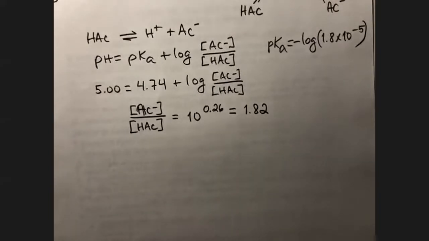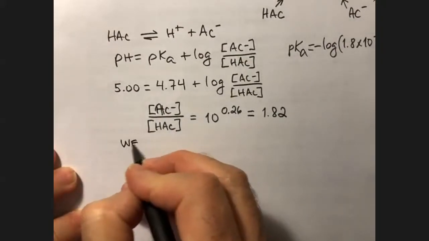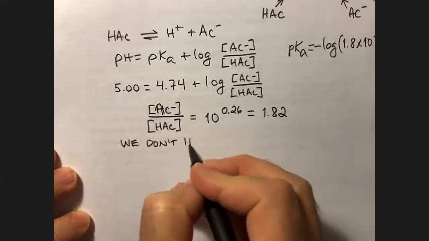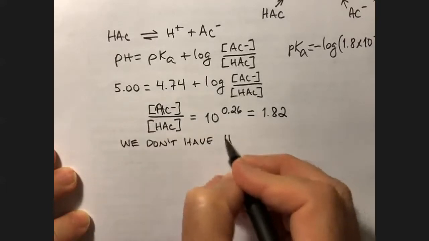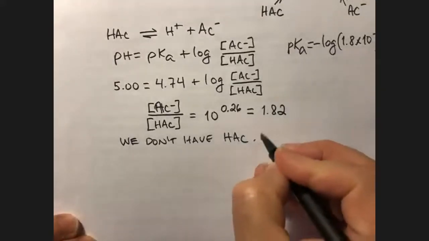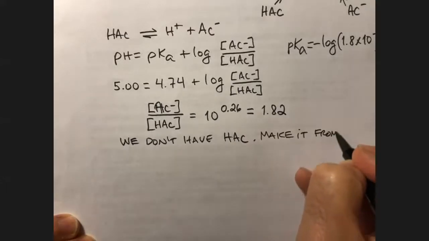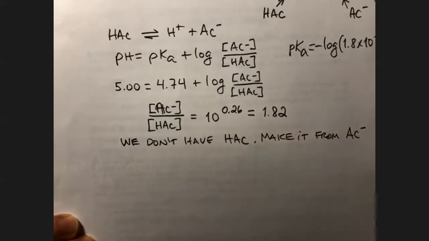But again, like what happened before, we have acetate, but we don't have acetic acid. So unlike the virtual lab that you did on Tuesday, where you made, quote unquote, a buffer of acetic acid and acetate, in this case, you don't have the acetic acid. So we're going to have to make it. And the way to make it is from the sodium acetate that we have already, right?